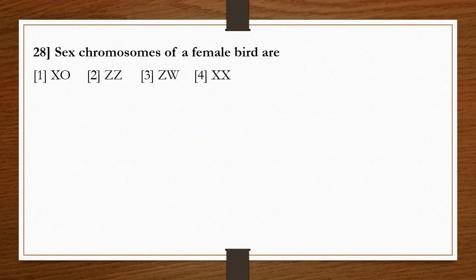Question number 28. Sex chromosomes of a female bird are: we need to find the female bird. Options: 1 XO, 2 ZZ, 3 ZW, 4 XX.